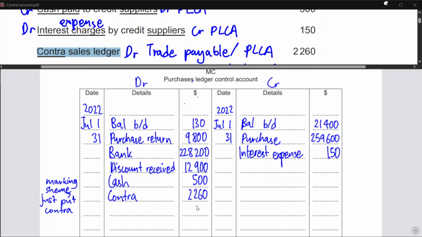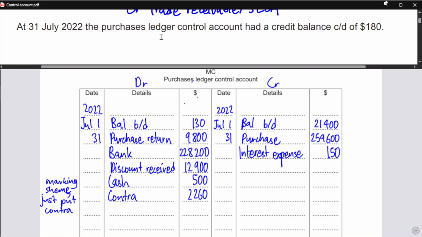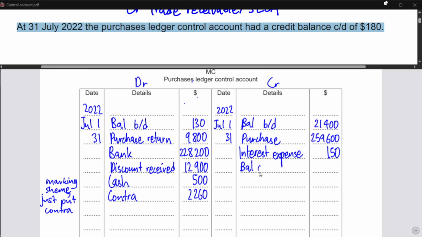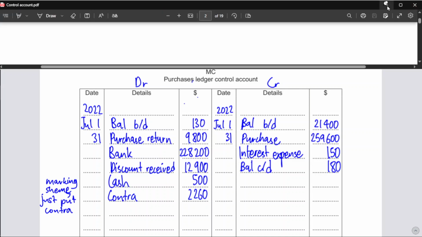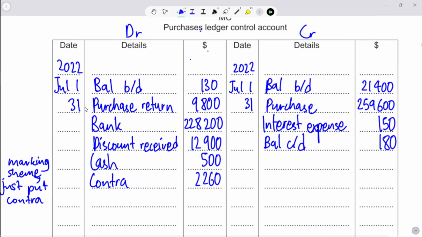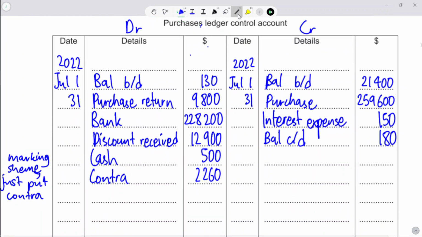Okay, then continue what he say. So at this day, the credit balance CD. Okay, credit balance CD. Credit. So this one will be balance CD of 180. Then we can balance the account.